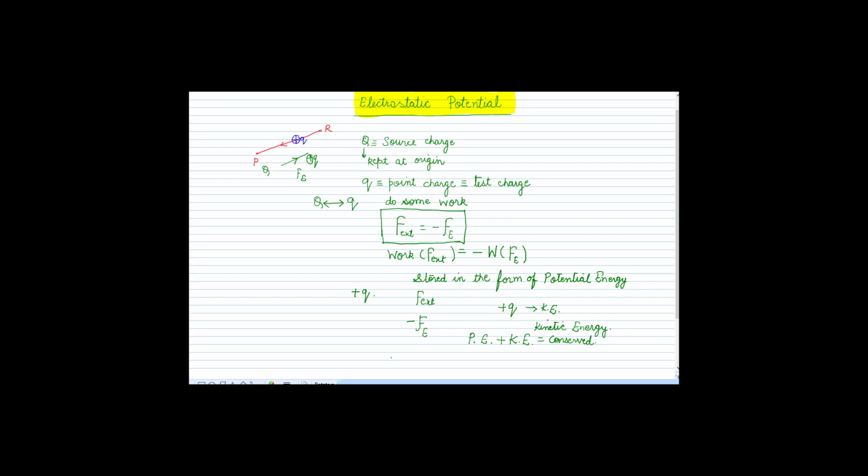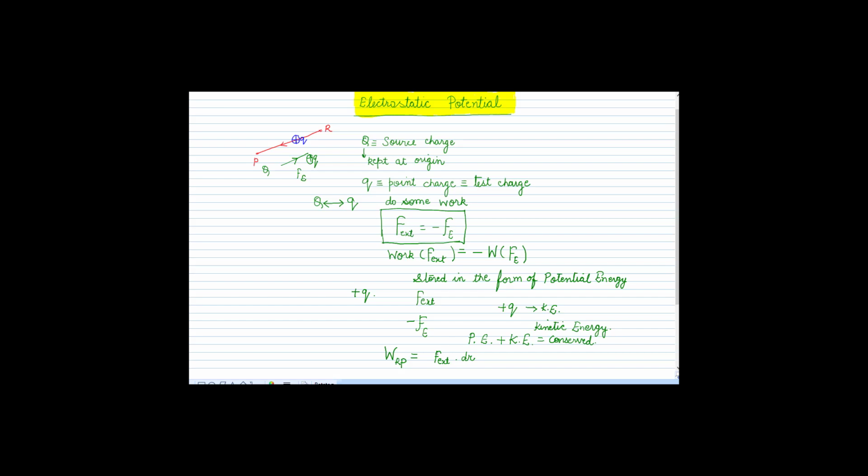If we want to write this in terms of work, then the work done in taking the charge from point R to point P is always equal to force multiplied with displacement.